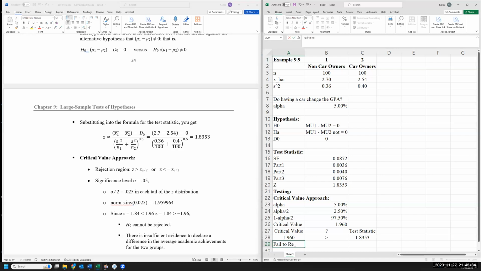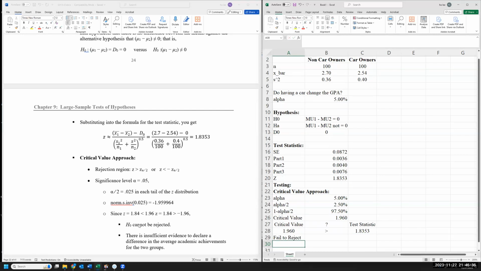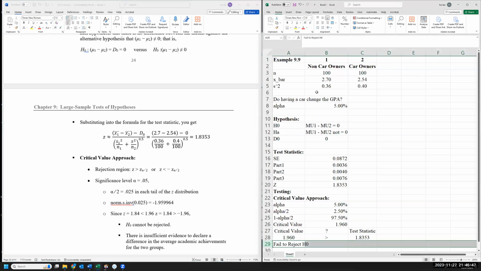We fail to reject specifically H naught, which is right here. H naught cannot be rejected because the test statistic is closer to the middle, closer to zero, than the critical value. To reject, we need the test statistic to be further away from zero than the critical value. All right, now let's do the p-value approach.